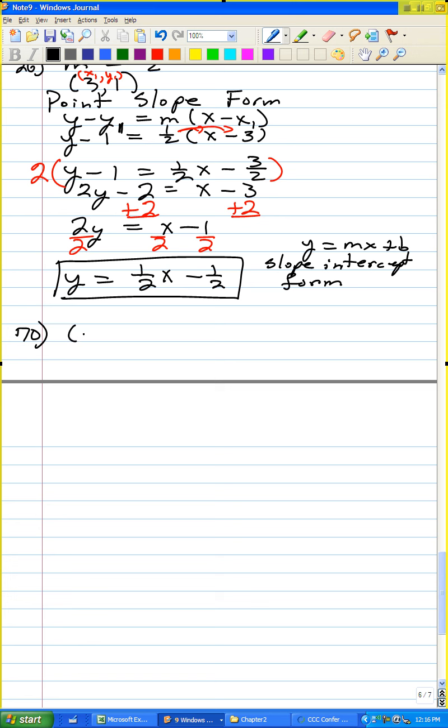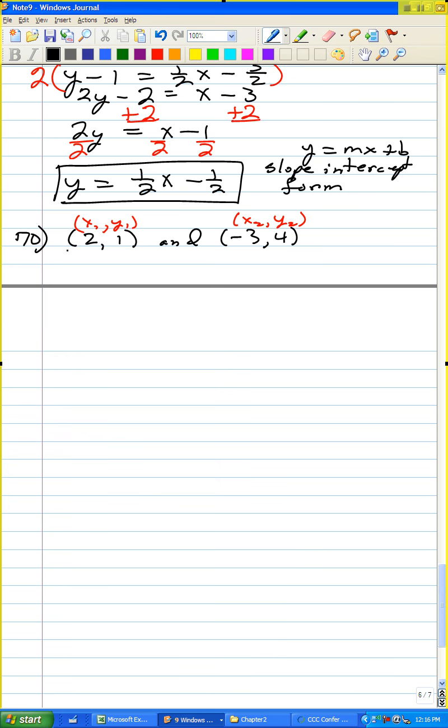The points are 2, 1 and negative 3, 4. So I'll call this x1, y1, and this point x2, y2. Okay, so first let's determine the slope of your line through 2 points.